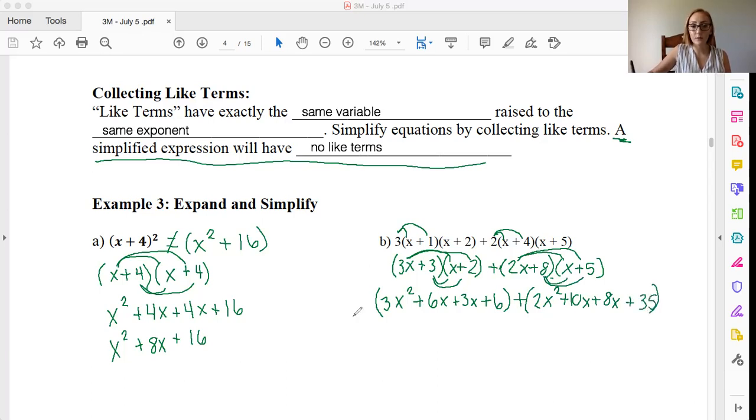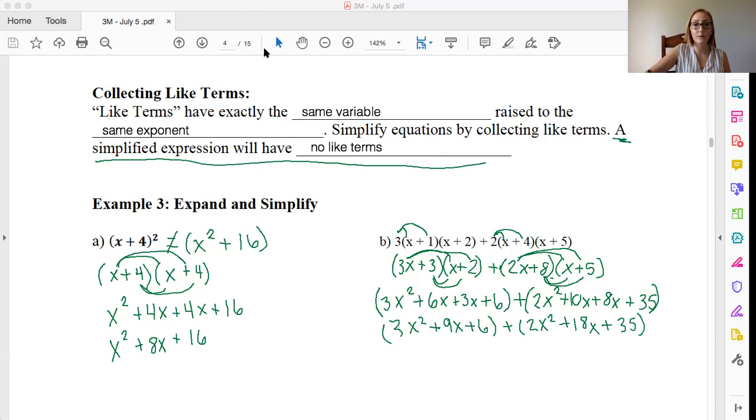Your next step is to put all your like terms together into the one bracket. We have 3x squared, so we're going to put 3x and 6x together, so that'll give you 9x. Same thing for this one. So 10x plus 8x, which is 18x. Okay. And then now you can take out those brackets and put like terms together.